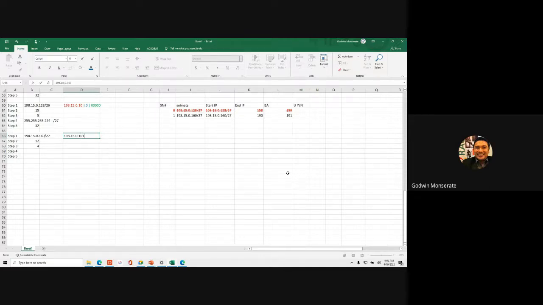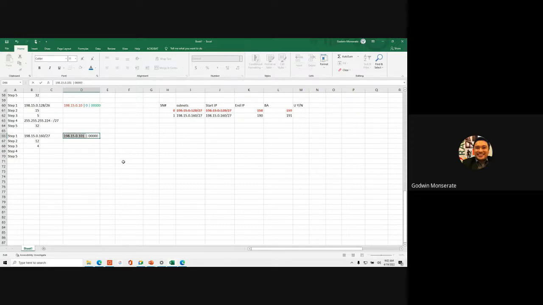Binary computation, correct? Yes, sir. /27 is 24, 25, 26, 27. So until here, that is slash 27.